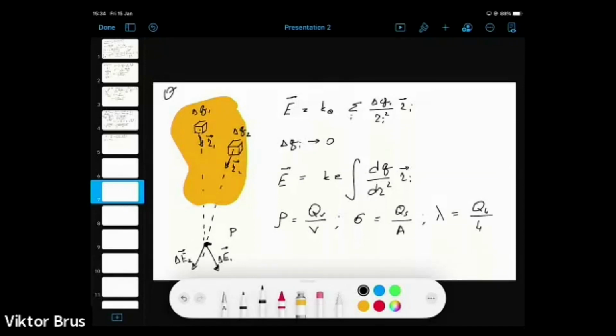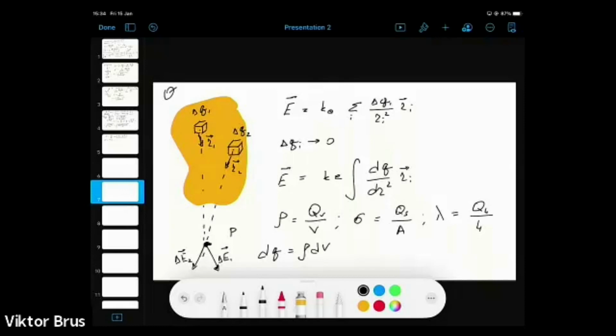If not, then we can use local parameters of volume, surface or linear distribution of charge to define the small charges dq in a given position. So it will be, for instance, rho, the volume distribution, times dV, the small volume which we consider in a given location.